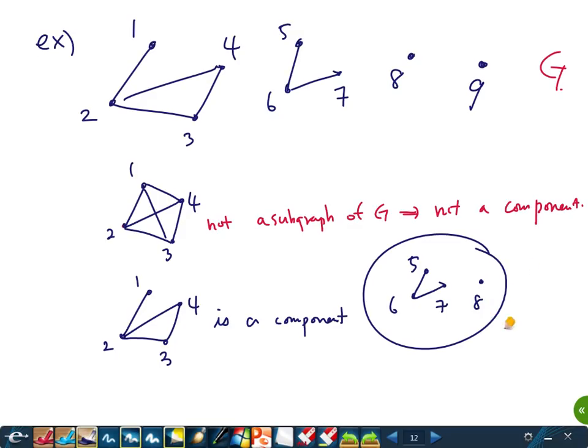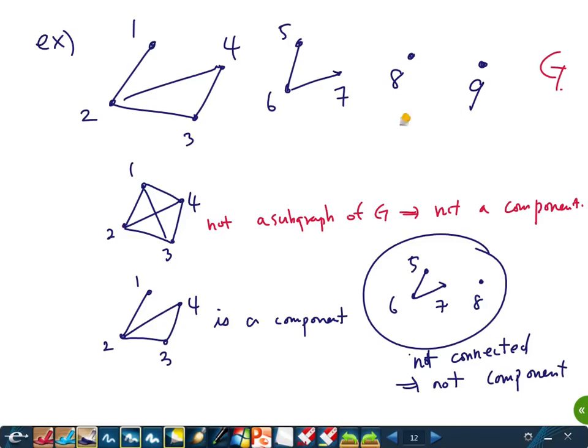No, because it's not connected. So it's not a component. A component must be connected, and it is the largest using those edges in the original graph. You are not allowed to add more edges because this must be a subgraph.